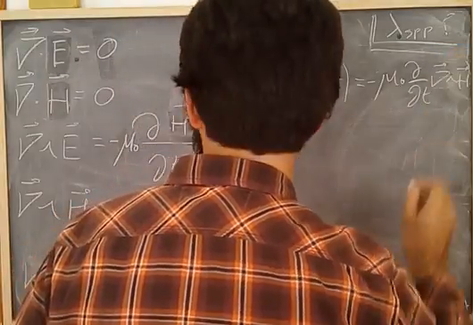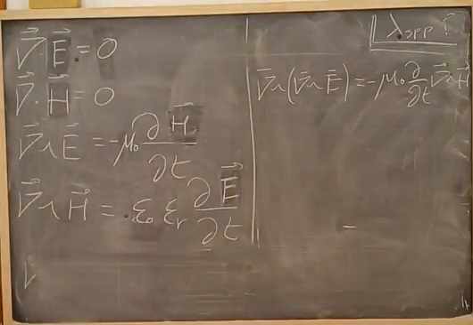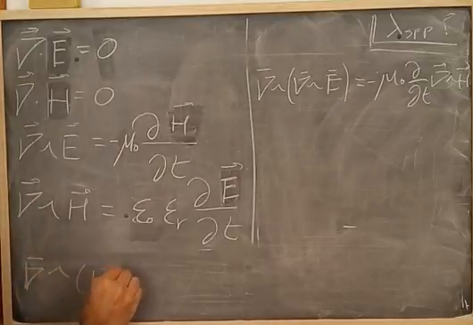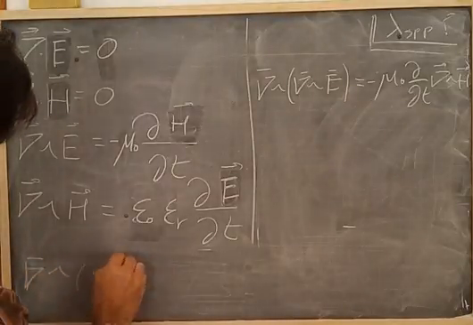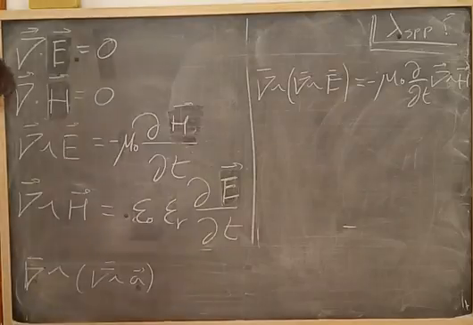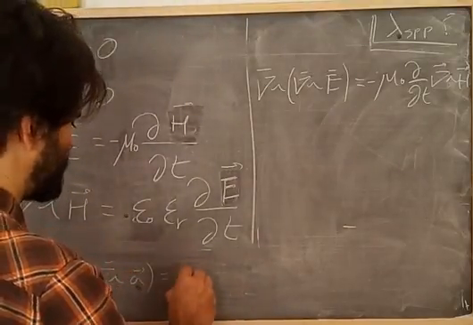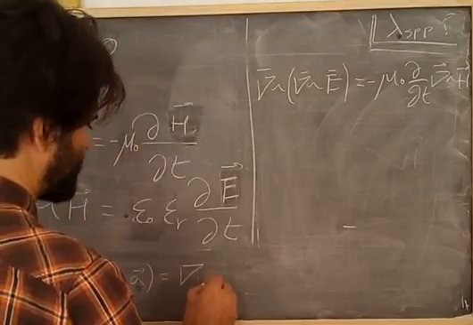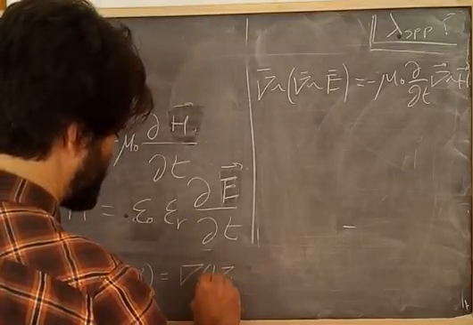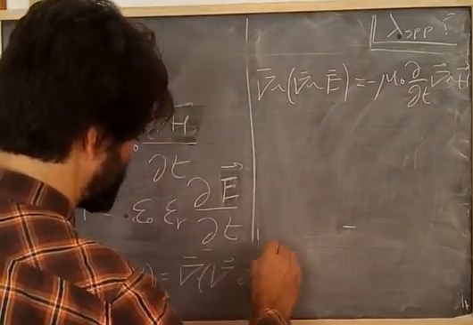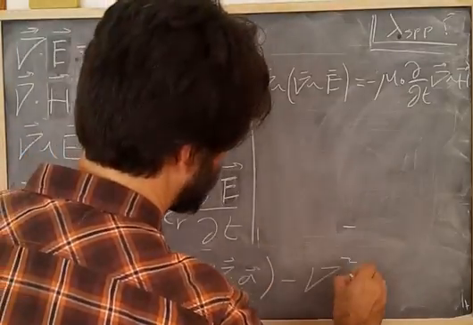Okay, we have a mathematical identity. I use vector A because it could be every kind of vector. It's equal to the gradient of the divergence of A minus the Laplacian of A.